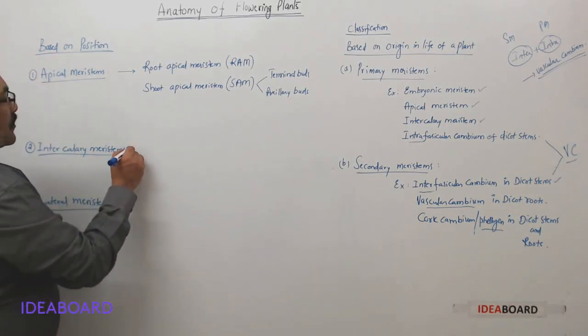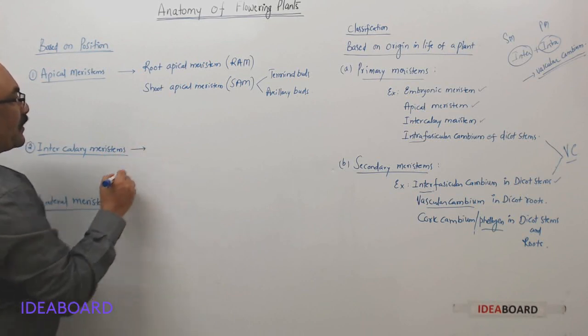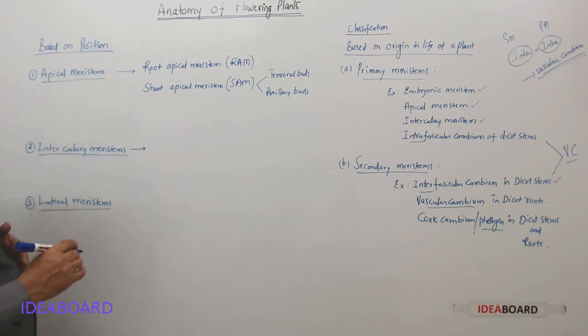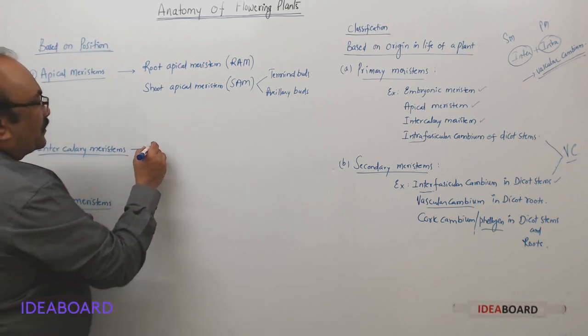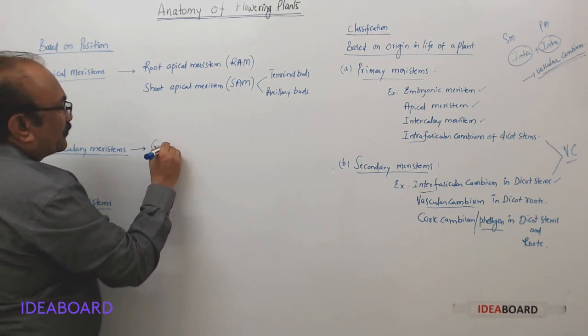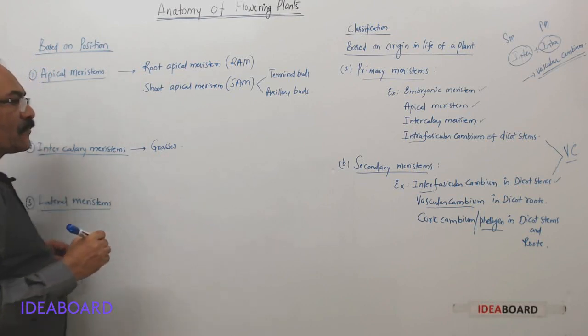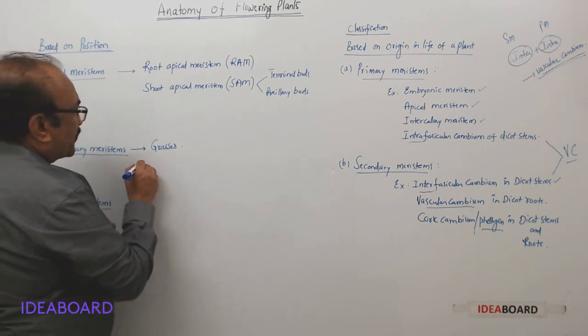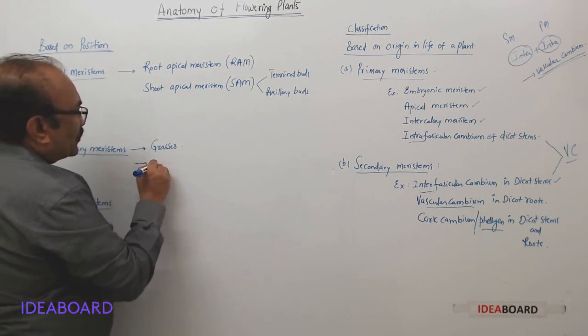And the intercalary meristems help in internodal elongation, and especially it is present in the grasses, at the nodal regions.